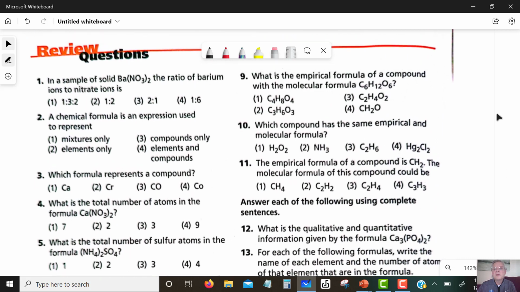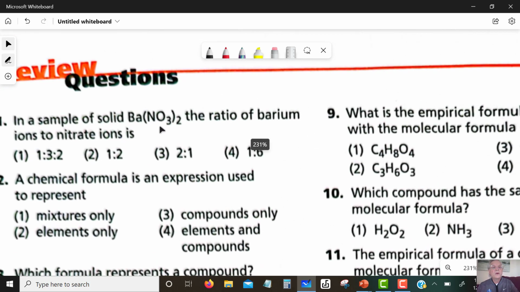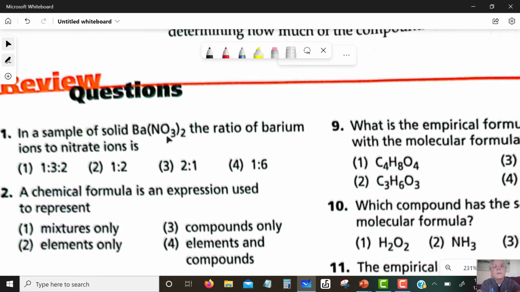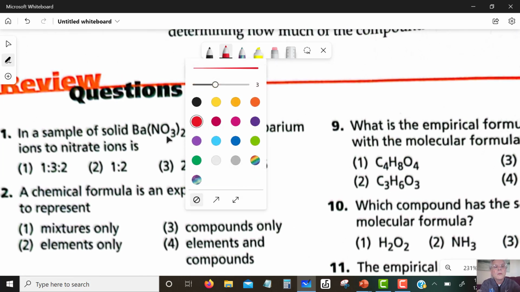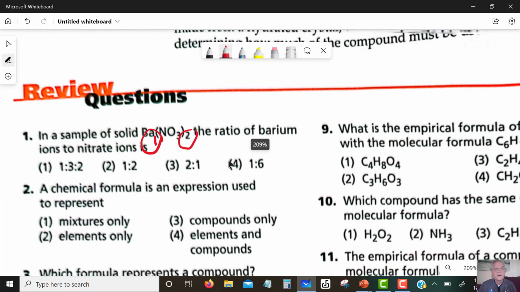So the odd problems on this page, number 1, in a sample of barium nitrate, Ba(NO3) taken twice. When you have that 2 outside, you can say taken twice. The ratio of barium to nitrate ions is, well, the assumption is that you understand that there is a 1 implicit here. So that means that this is a 1 to 2 ratio. That is your answer for your first question.